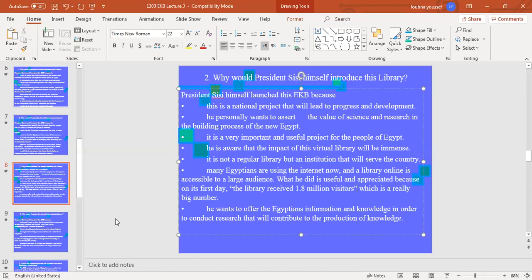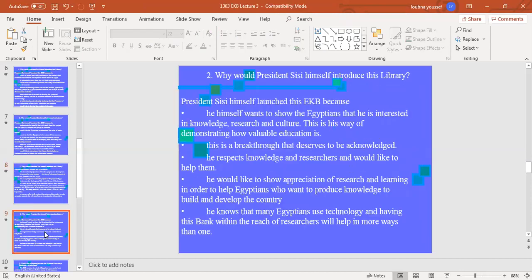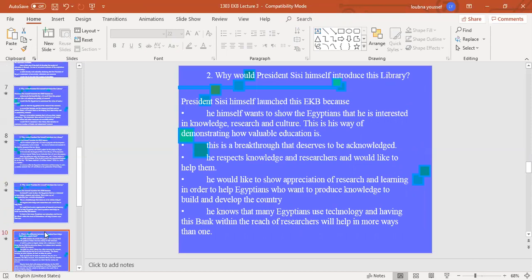So by conducting research, through reading previous research, the Egyptians will contribute to the production of knowledge. Now, this is a slide that I will leave for you to read on your own, but it more or less introduces some of the ideas we discussed before.